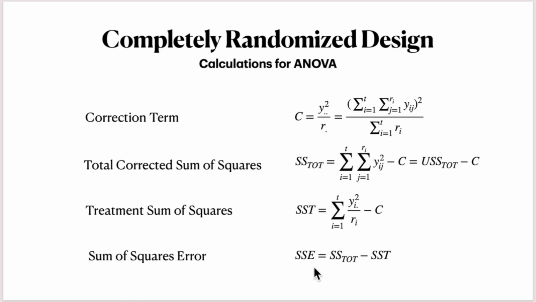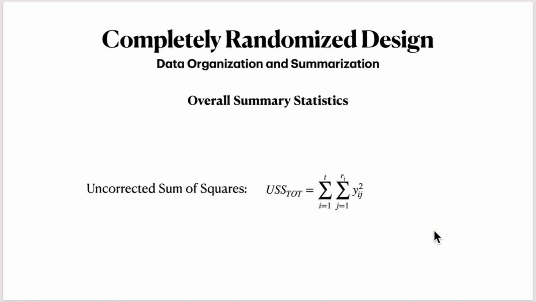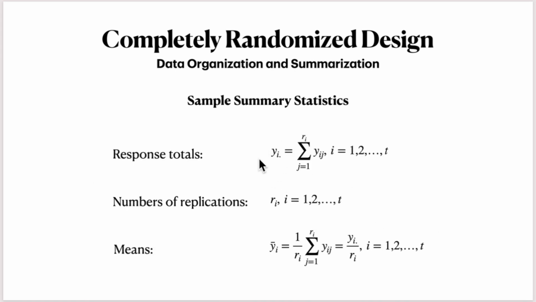And then once we have both of those, we will get the sum of squares error by subtraction. So how do we calculate the sum of squares due to the treatments, or the treatment sum of squares? Well, we first calculate this quantity. What we have to do is square each of the sample totals. Notice that I'm squaring y sub i dot. And if I go back up a few slides, y sub i dot is the response total for the ith treatment group.